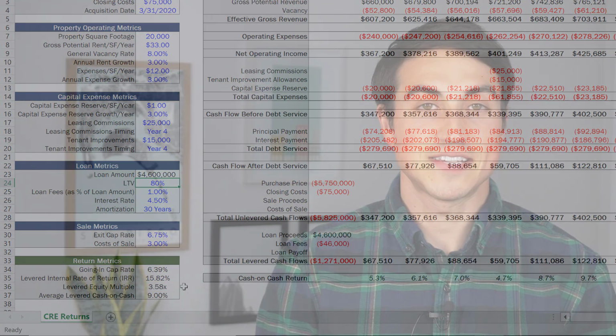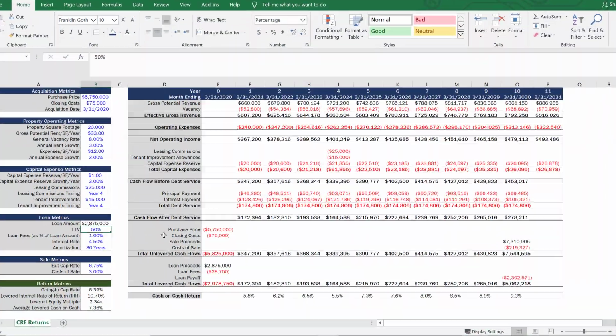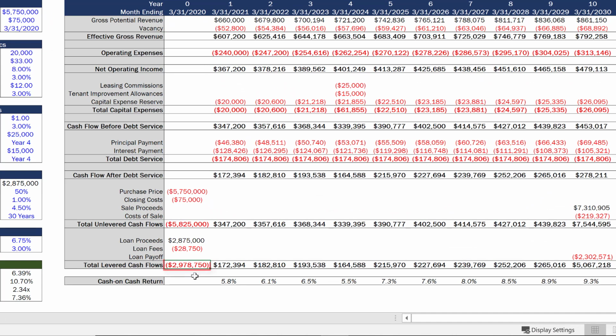And to see why this is the case, the easiest way to do this is with a simple profit calculation. So for the 50% leverage scenario, the equity investor invested $2,978,750 upon acquisition and earned $6,981,201 on the deal over the entire 10-year hold period.